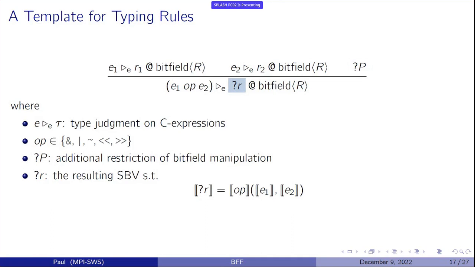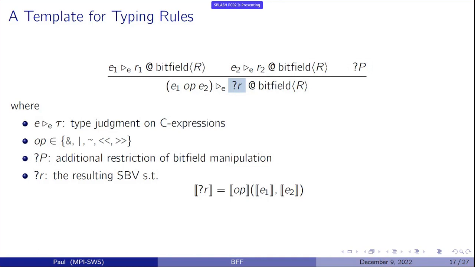Namely, we want to compute a resulting structured bit vector that is consistent with the semantics of doing the bitwise operation OP. Formally, we want to compute a resulting SBV R such that its denotation is equivalent to applying the bitwise operation on the denotation of its operands.